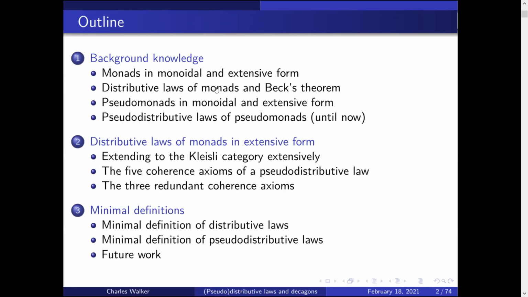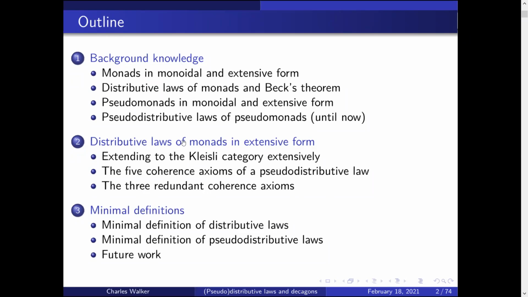I'll remind you about distributive laws of monads and Beck's theorem for distributive laws. Then I'll say a bit about pseudomonads in monoidal form, and also the definition in extensive form. And then what is known about pseudo-distributive laws of pseudomonads, at least until now.